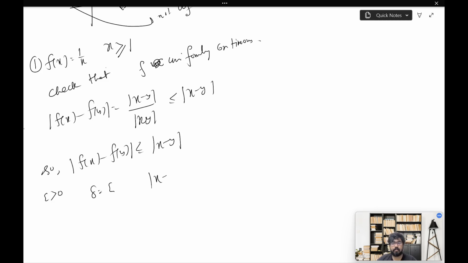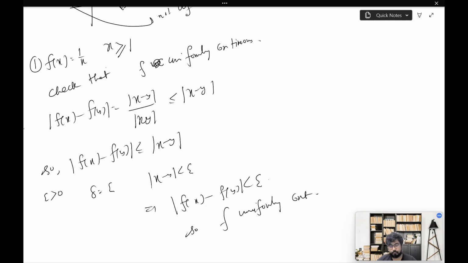So if mod x minus y is less than epsilon, this implies mod f(x) minus f(y) is less than epsilon. So f is uniformly continuous on (1, infinity).